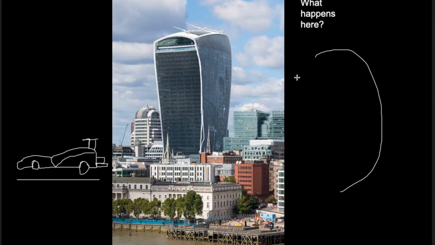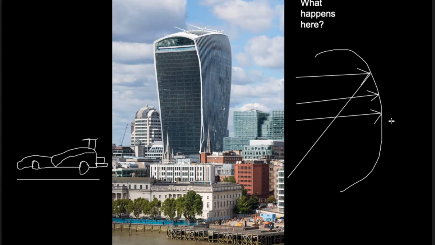So what do we know in concave mirrors? If light rays which are coming from the sun or infinity, let's say these are our three light rays, they all converge after reflecting, they all converge at one point.